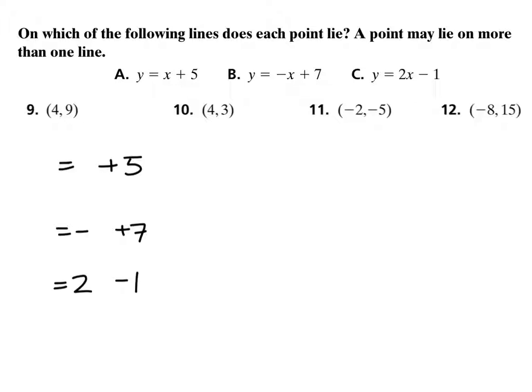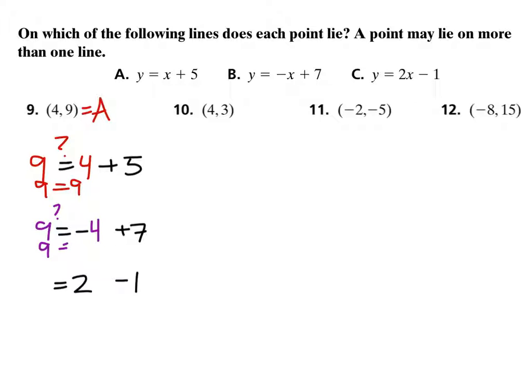So on number 9, x is 4 and y is 9. Again, I'm looking at equation A there, and we'll see if this is true. So 4 plus 5 does equal 9. So yes, the point (4, 9) would be on that line A at least. Next up, we got that y equals negative x plus 7. So x is 4 and y is 9. And again, we're seeing if that's true.